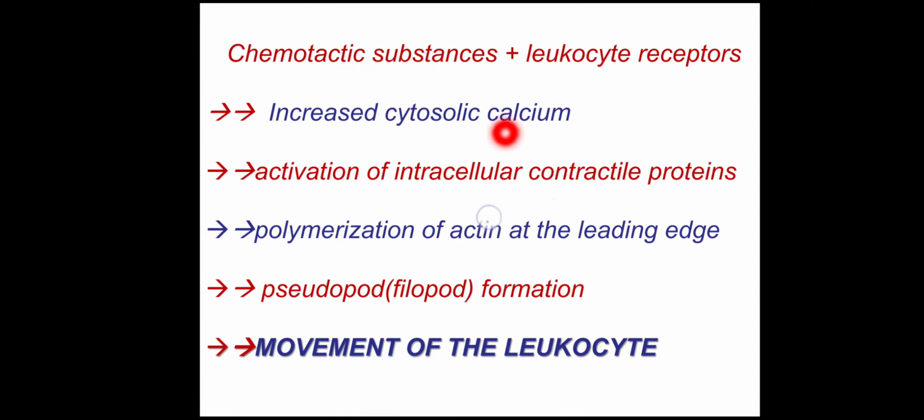And when the intracellular calcium is increased, there will be activation of certain proteins leading to the polymerization of actin at the leading edge. So there will be formation of a pseudopod, also known as filopod, and this will result in the movement of the leukocyte. The filopod will be formed at one end of the WBC, and it will pull the cell in the direction of the microbe.